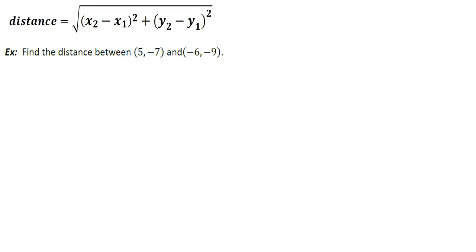In this video, we'll once again find the distance between 2 points in the coordinate plane with the distance formula. So, when they give you the 2 points, it's helpful to think of one of them as point number 1, the other one as point number 2, in which case you have the x-coordinate and y-coordinate of point number 1, and the x-coordinate and y-coordinate of point number 2, and you have everything you need to substitute into the formula.